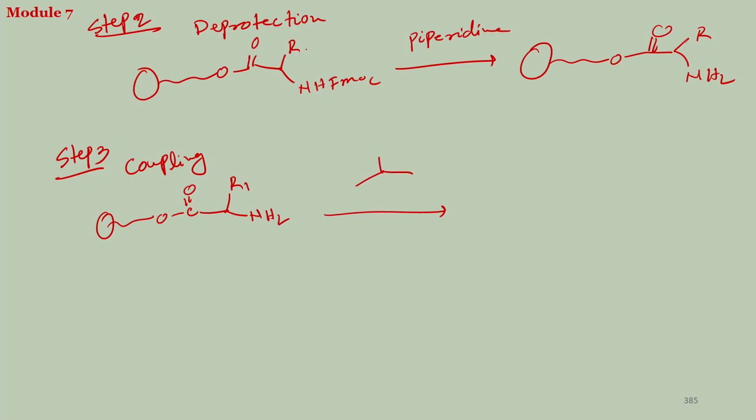This is R1, R2, FMOC protected, so that this amine does not react. So, now you have acid free here, you have amine free here, and they can be coupled, and this is your monomer. So, every time you will use a different amino acid, but the same FMOC protected and free acid. This and coupling reagent.